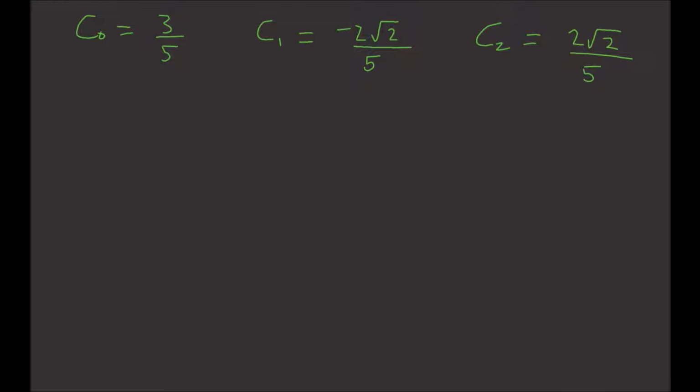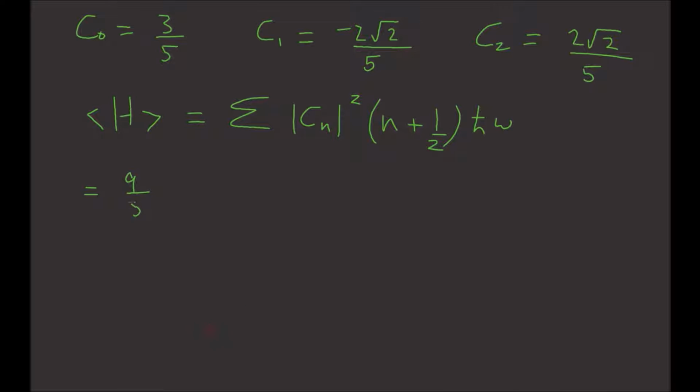Finally, now we can find the expectation value of the energy, which is equal to the sum over n of c sub n modulus square times n plus 1/2 times h bar omega, which gives us the first one. So we have 9 over 25, n equals 0, so times 1/2 h bar omega.